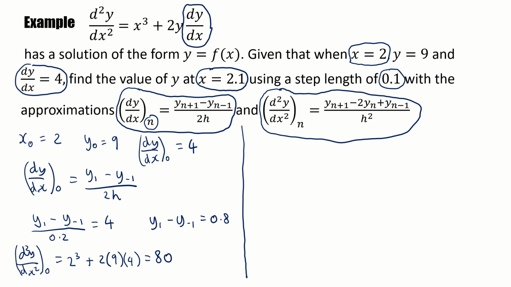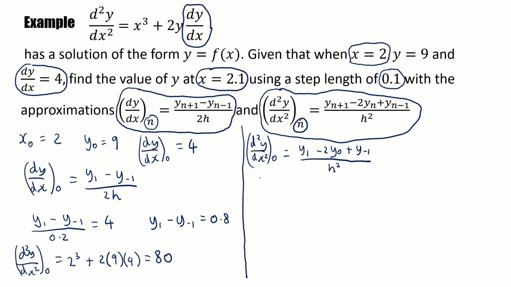But we also compare that information to the iteration formula and realize that again, we need n to be 0 in order to be able to plug this information into that iteration formula. So we're using d2y/dx squared at 0 is equal to (y1 minus 2y0 plus y minus 1), all divided by h squared.